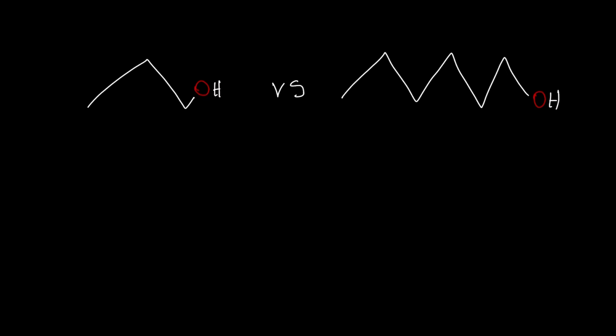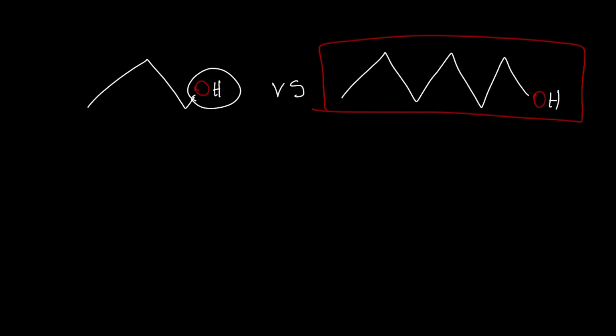So once again, it's going to be the larger molecule. It's going to be hexanol. They have the same hydroxyl group at the end for each of them. However, this one has a larger molecular weight, meaning it's going to have more dispersion forces within it. So it's going to have a higher boiling point.